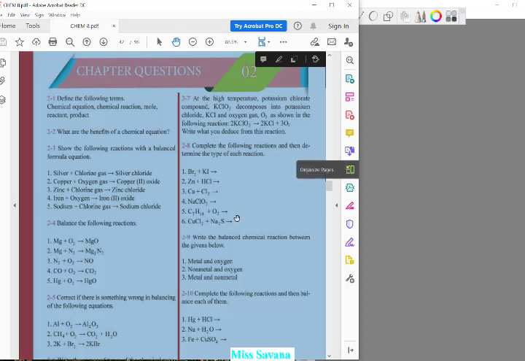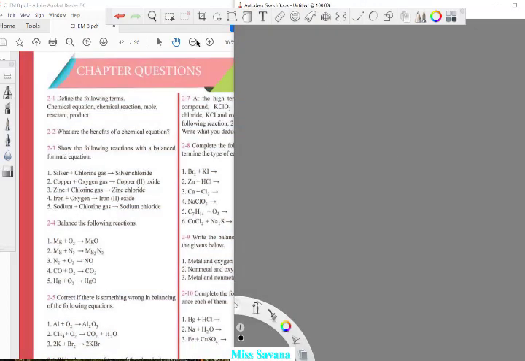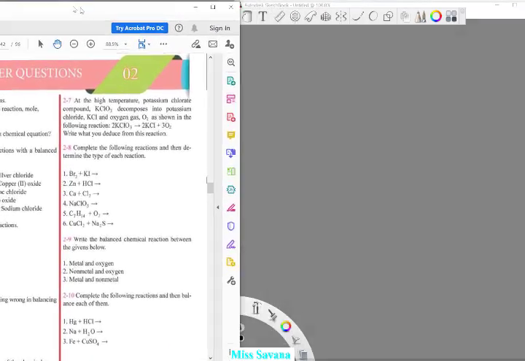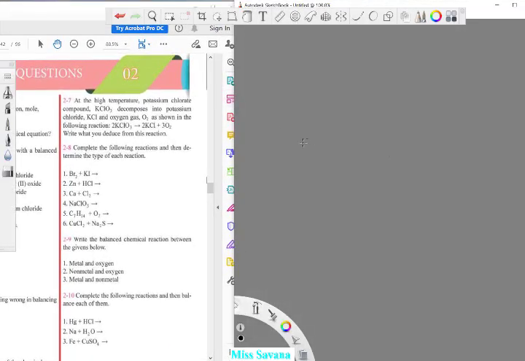Okay, now moving on to the next one. Now the next one is talking about completing the following reaction, and then determining the type of each reaction. يقول لك بالبداية إنه أنت تحل المعادلة، ثم تبدأ بمعرفة نوع التفاعل. Okay, the type of chemical reaction.